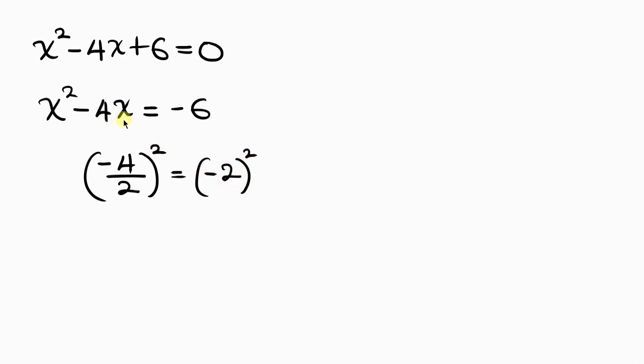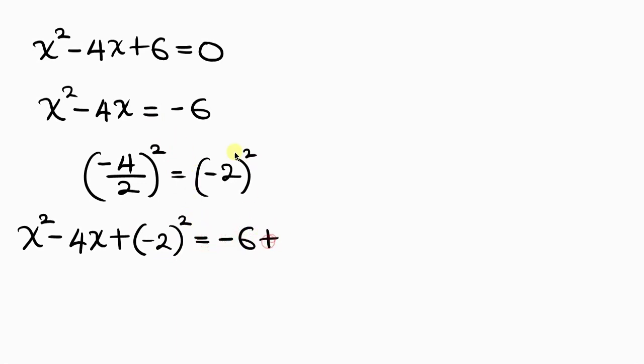In order to make the left hand side a perfect square, we have to add this to both sides of the equation. So on the left, we have x squared minus 4x. To make a perfect square, we add negative 2 squared. This is equal to negative 6 plus negative 2 squared.